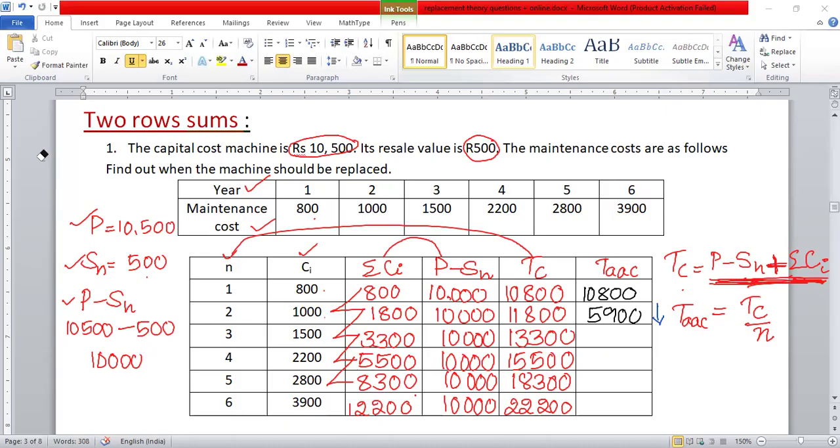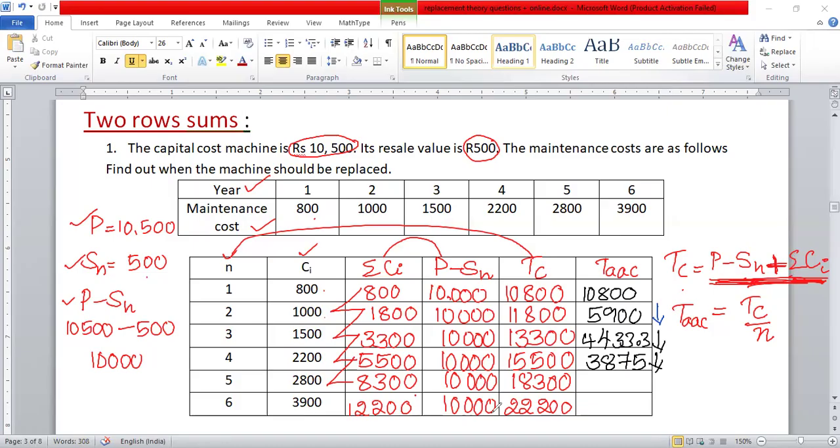I got 4,433.3. So definitely decreases compared to 5,900. Similarly, 15,500 divided by 4. So 3875. Again decreases compared to 4,433.